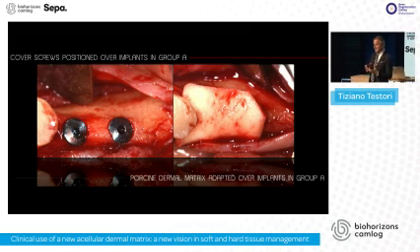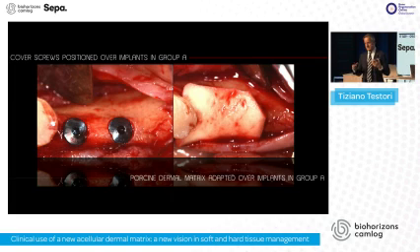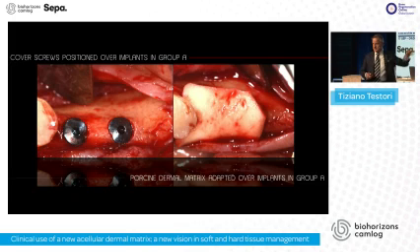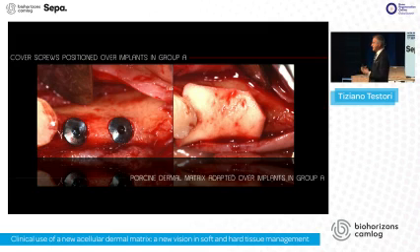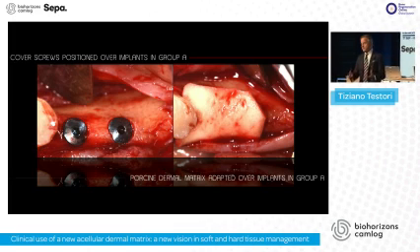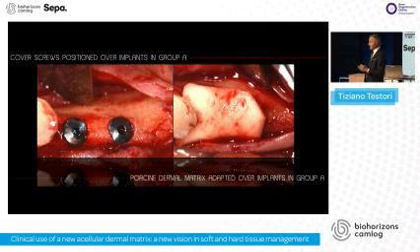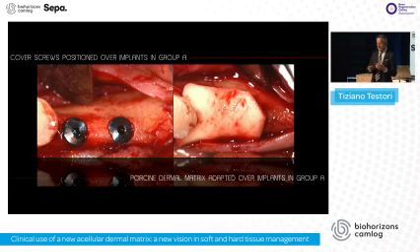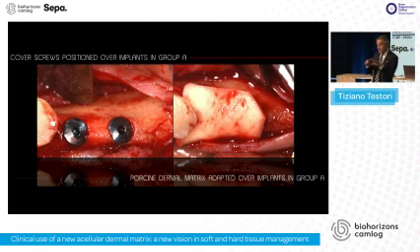This is quite a stiff type of matrix, nothing to do with the one that I will be talking about. But we had some experience from these matrices in how to handle them and make them more user-friendly, because the matrices on the market are usually very stiff, not so user-friendly in terms of handling properties.